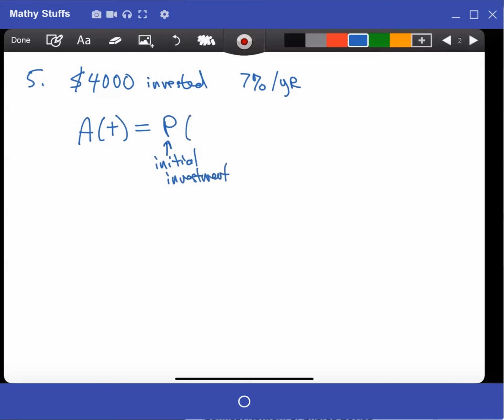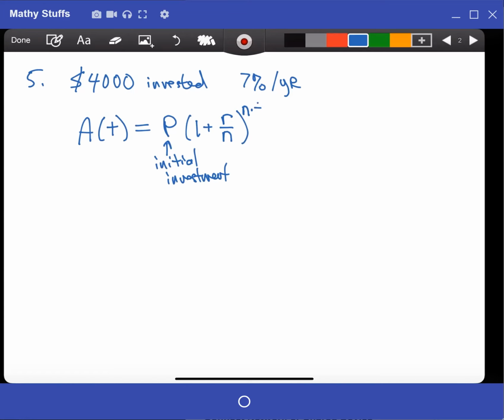So you're seeing a very similar form here. 1 plus, and then we're going to take our interest rate and divide it by the number of compoundings per year. And then up here, we're going to have the number of compounding periods. So we could have n times and then the number of years. So let's put a T there.